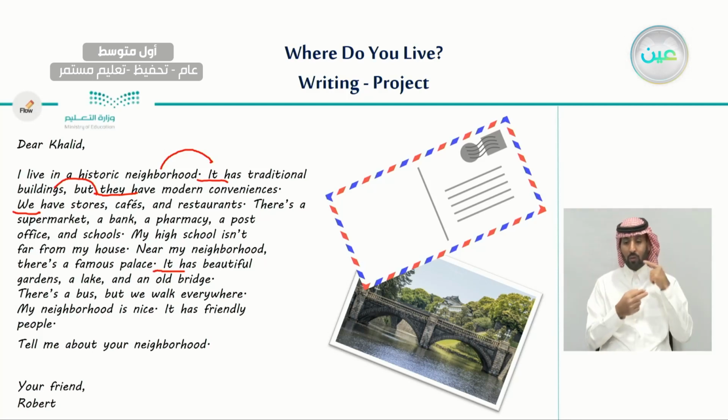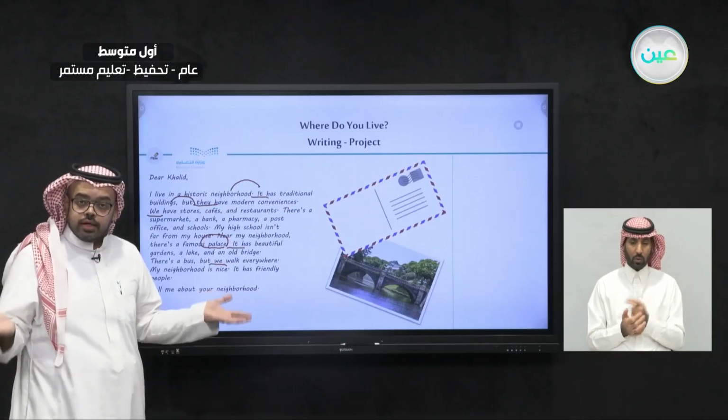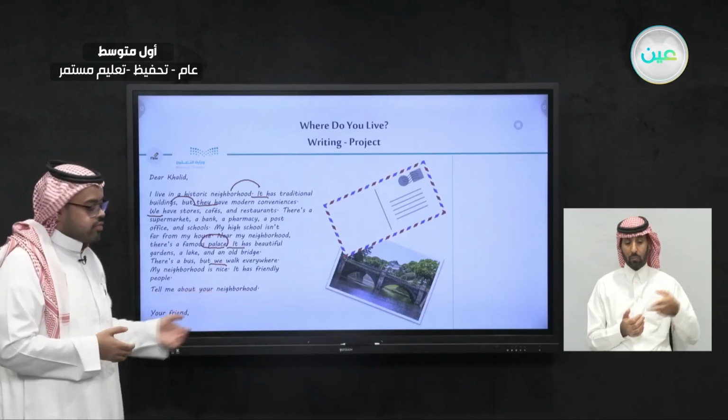So what do you think it here refers to? Very good. It refers to the palace that we have mentioned here. And a lake and an old bridge. There is also a bus, but we walk everywhere. So again, we refers to Robert and the neighbors.